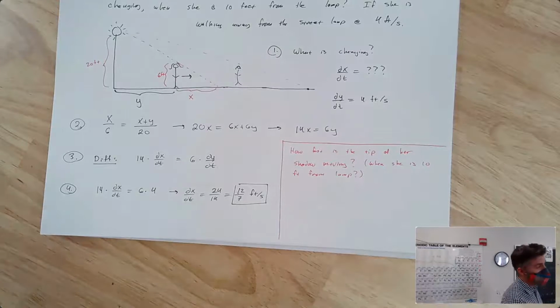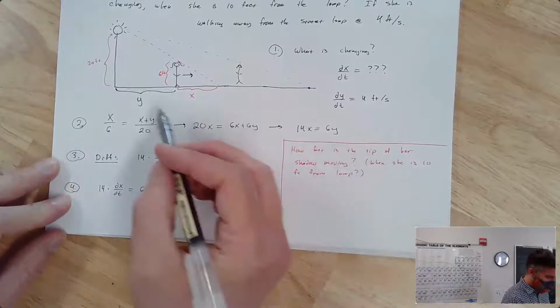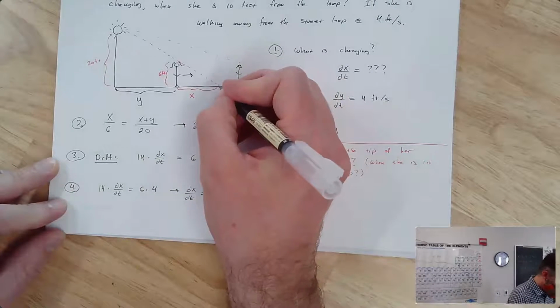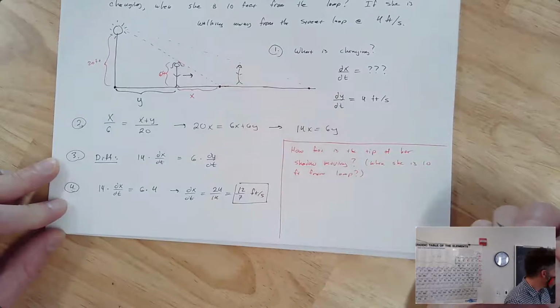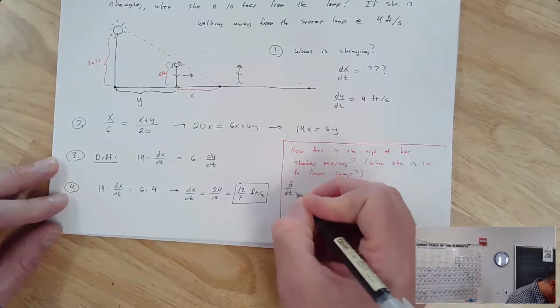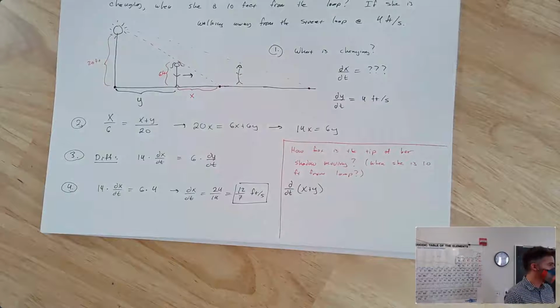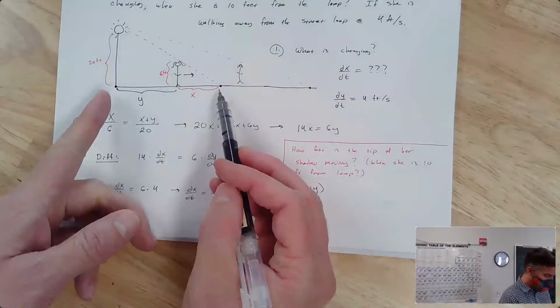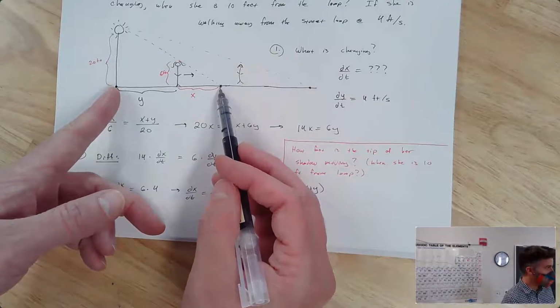Now, we can be a little more precise about that. What I'm really asking about is how fast this point is moving away from this stationary point. So I can really say, okay, I'm really asking what's the derivative of x plus y. I want to know how fast this length is increasing, because that tells me how fast this point is moving.